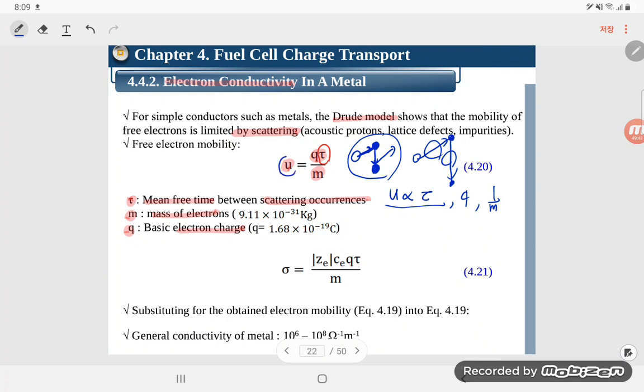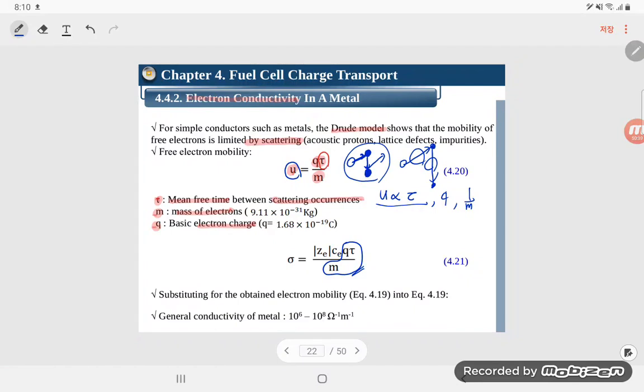And if you insert the mobility u into sigma, the conductivity, sigma is expressed by this equation, and substituting the obtained electron mobility into it, we can calculate the general conductivity of metal.